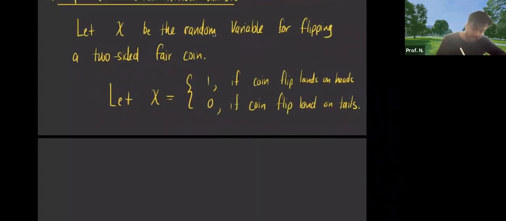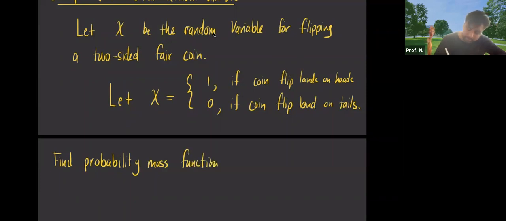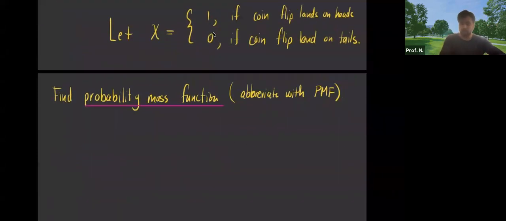And then when we want to find the probability mass function, we abbreviate it as PMF, because it starts with P, M, and F, right? So what's the PMF of this random variable?